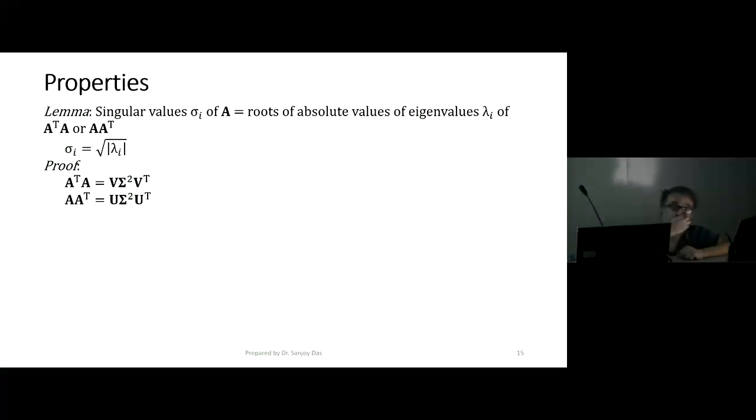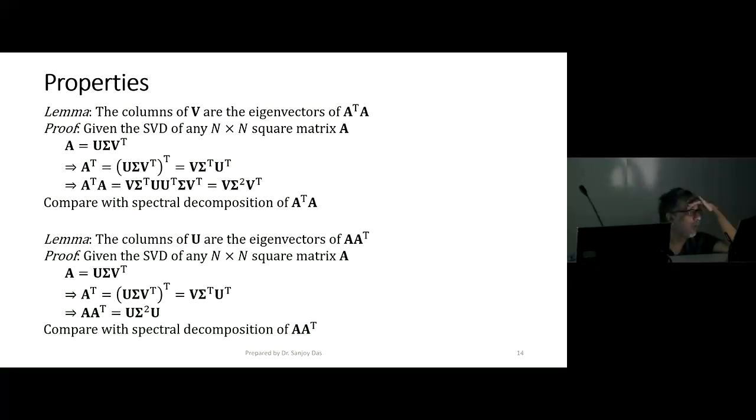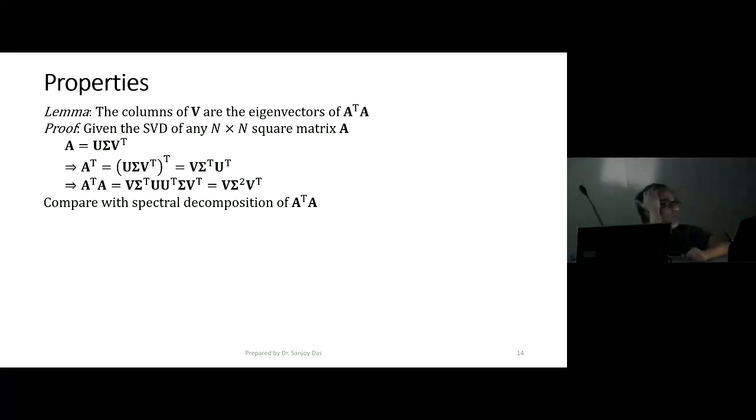Using this A transpose A proof that it is equal to V sigma squared V transpose. Which is this one. Yes. So it can also be this decomposition utilizing linear equation and pseudo-inverse things. Yes, you could do that too.